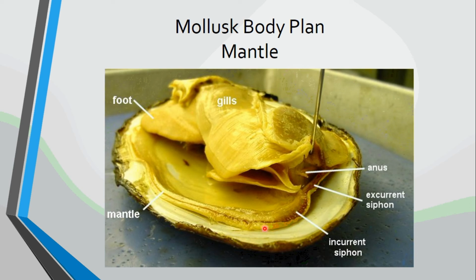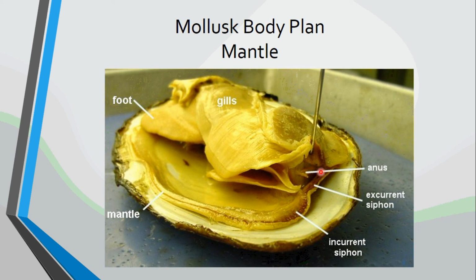So here is the mantle on this side of the animal, and then the mantle on the other side would be over top, totally enveloping all of these organs. And we can see in this clam here, these are the gills. This is what it uses to breathe. Here's the muscular foot that it will stick out of the shell to help it move.